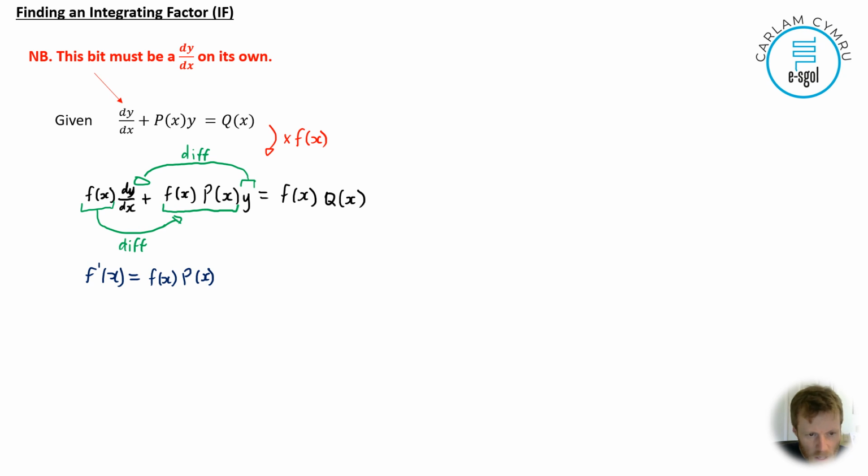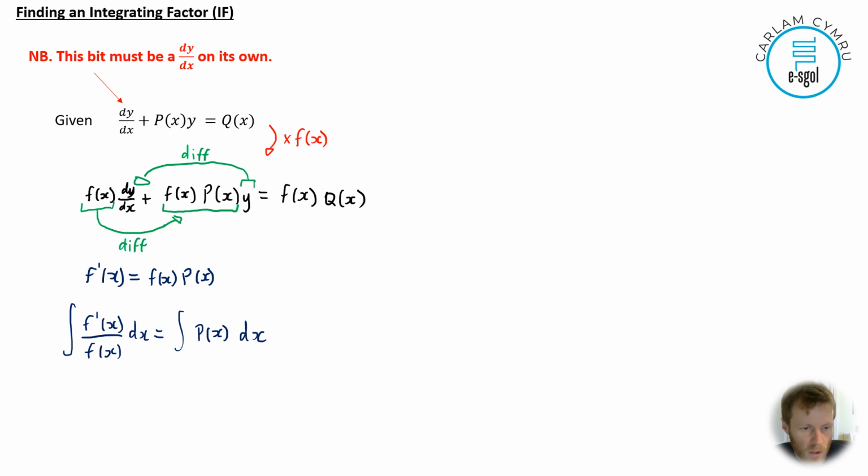Let's do a little bit of rearranging. If we get f dash x and divide by the f of x, and then we're going to keep the p of x over on the right hand side. You'll notice on the left hand side this looks very much like a log integral, so I'm going to write integral and then dx, and we're going to do the same on the right hand side, so we're going to integrate both sides with respect to x.